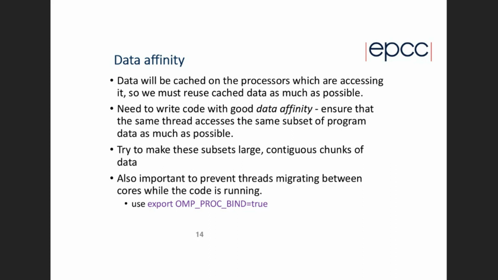It's also important to prevent threads migrating between cores while the code is running. In general, you can do this with an OpenMP environment variable. You can set OMP_PROC_BIND equals true. On systems like ARCHER2, you don't need to do that. The binding is taken care of for you by Slurm.